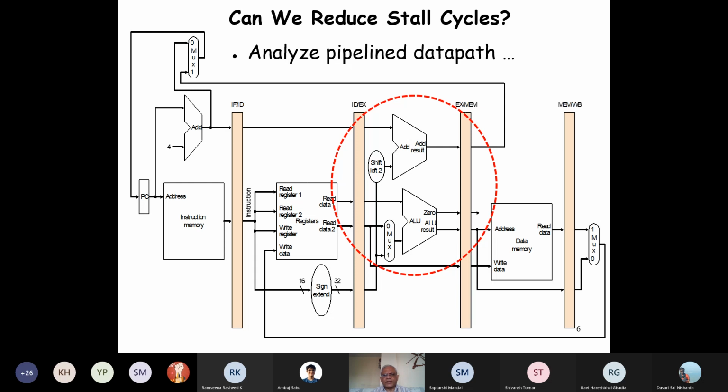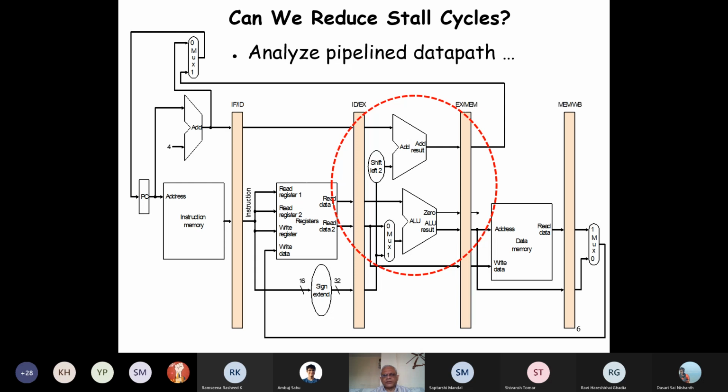Let's analyze the pipeline data path and see if that is possible. Look at the pipeline data path. The branch outcome is known at the end of the ALU stage, and that's the main reason we are getting delayed. The branch target adder and the shift left, we can as well bring them to the previous stage.